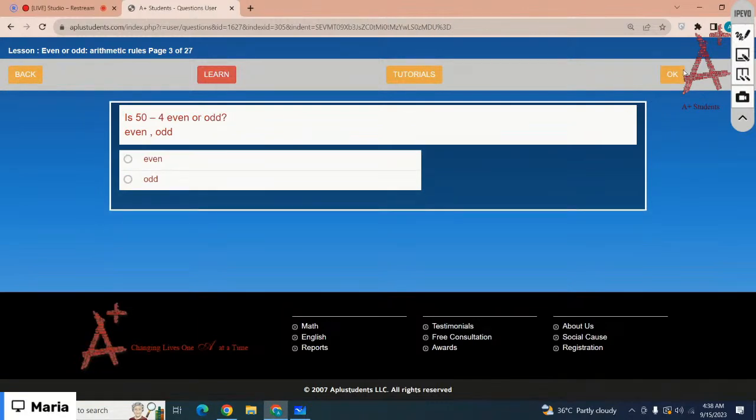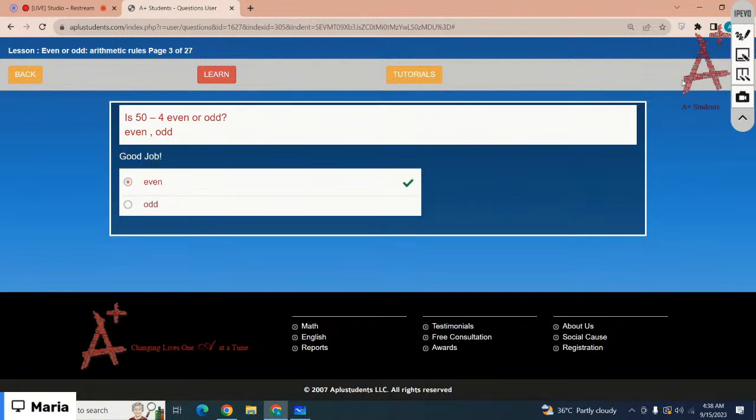Is 50 minus 4 even or odd? So 50 and 4, they both are even numbers. So the difference of the two even numbers is also an even number. 50 minus 4 is 46 and 46 is an even number, right?